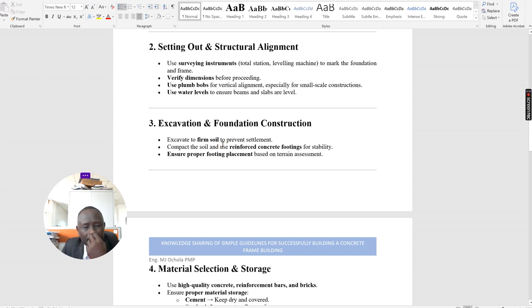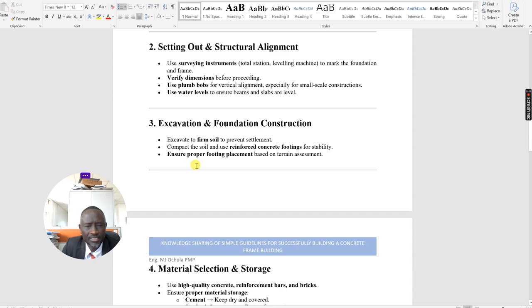So it is very important that before we plan to start doing anything, we must understand where we are placing our foundations. Do we have firm ground reachable, or do you have to go deeper? Maybe it may require, instead of a spread footing, that you end up using piling.